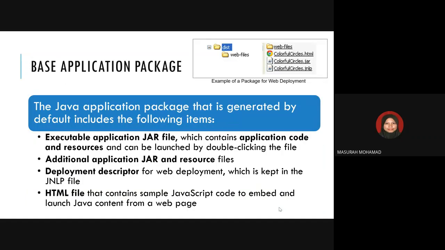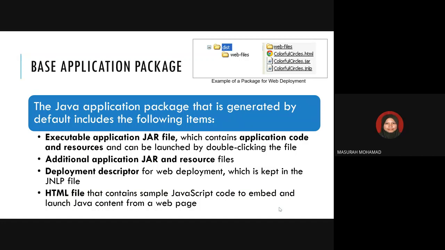Okay, so base application package. The Java application package that is generated by default includes the following items, which means when you pack your project, what are the default files or modules or components that are included inside the package?